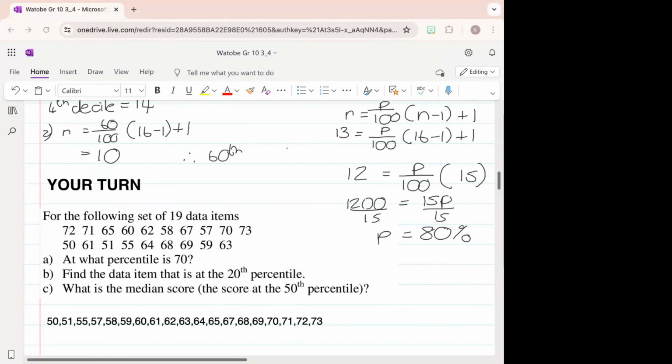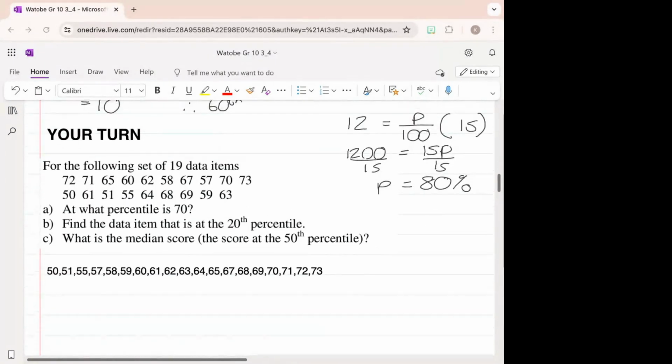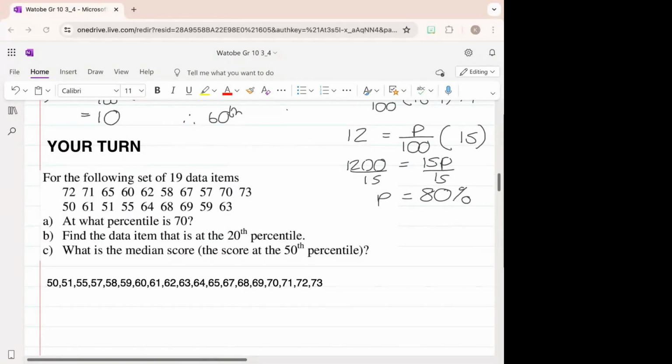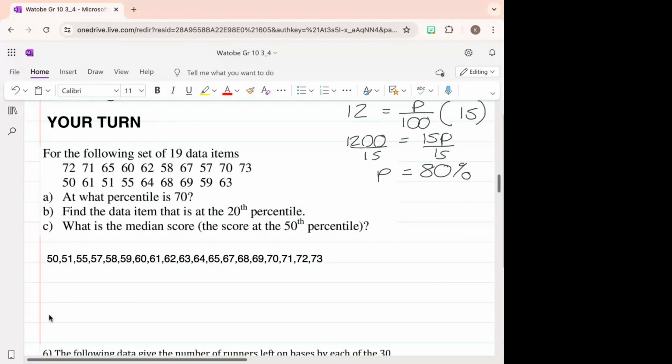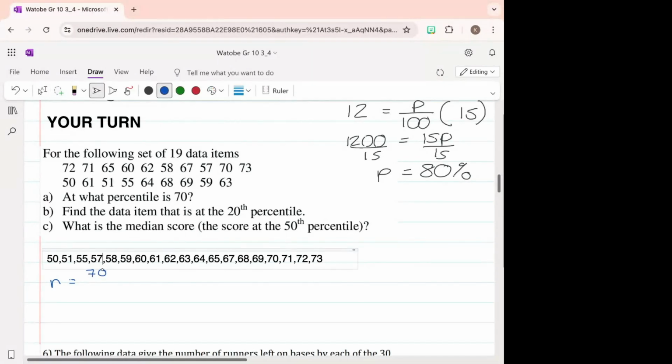Okay, that has been 3 minutes. Let's have a look. So, A: at what percentile is 70? I taught you that nice formula so that you will never get this wrong. R is equal to 70 over 100 times 19 minus 1, plus 1.